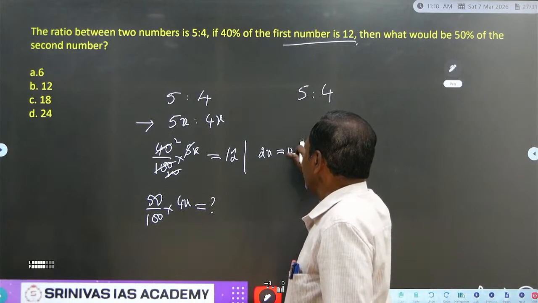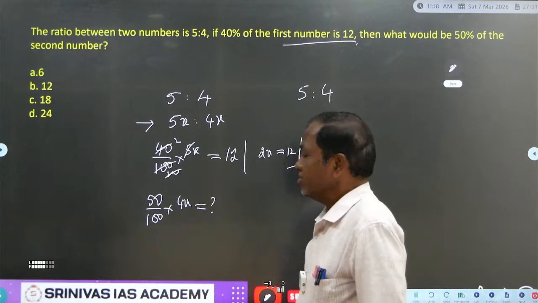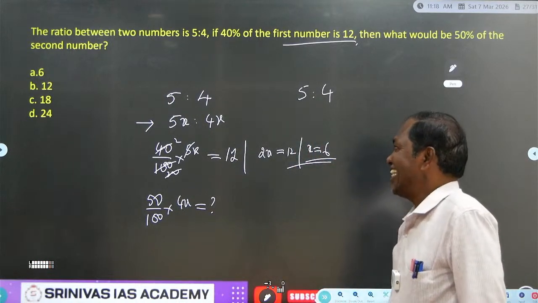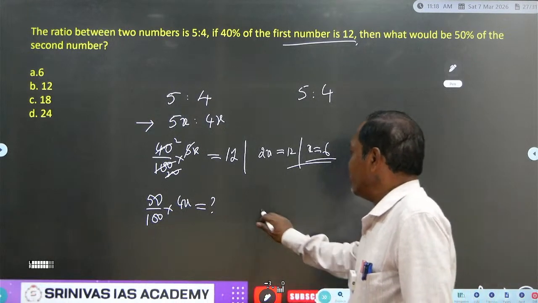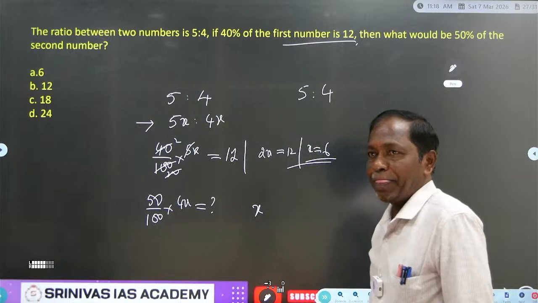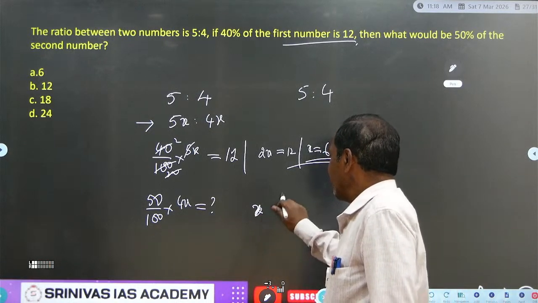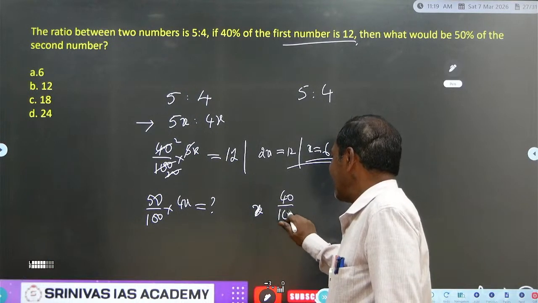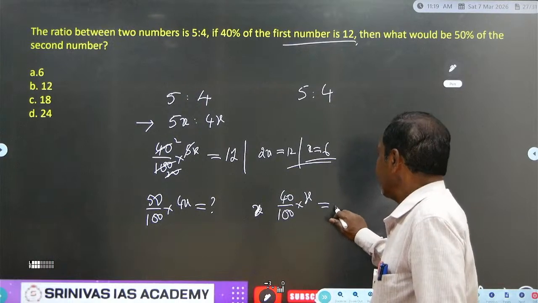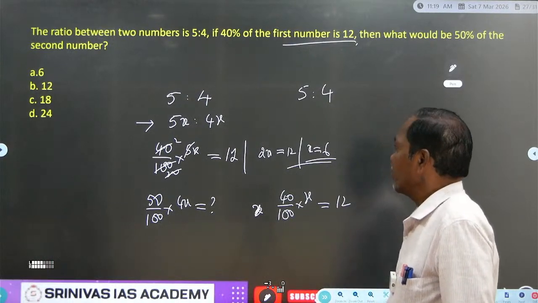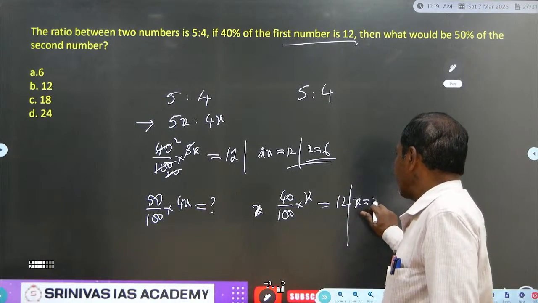You took only x. 40 by 100 into x equals 12. Yes, x is equal to 30.